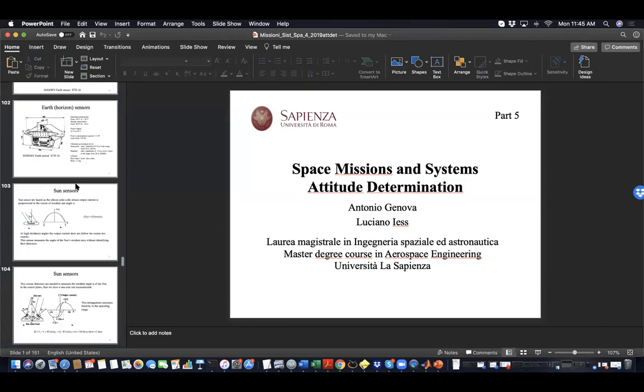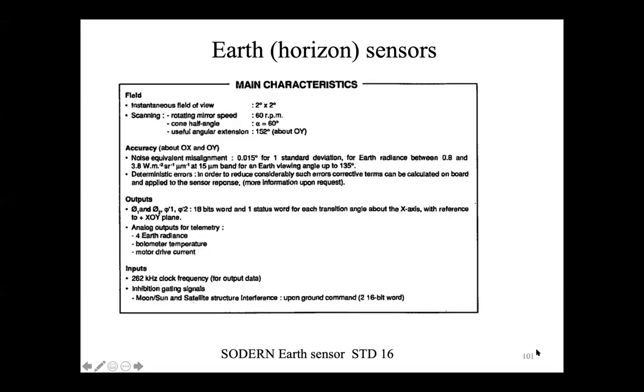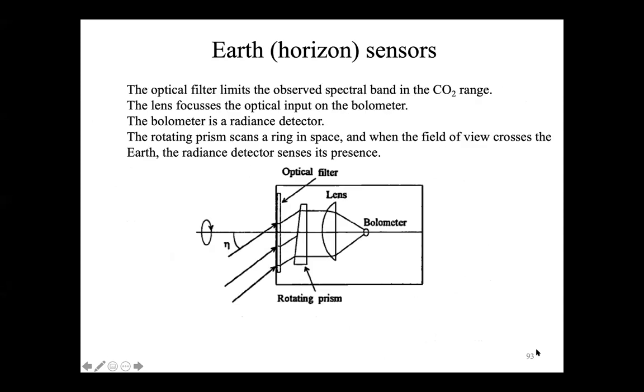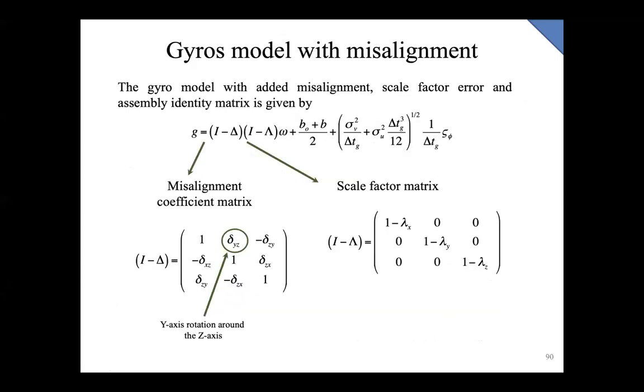Okay, so let's conclude this lecture today by briefly reintroducing the Earth horizon sensors. What we have seen so far is the extended Kalman filter, the software that we need to determine the attitude using sensors that give you the single frame determination and the gyroscope that gives you the propagation of the errors.